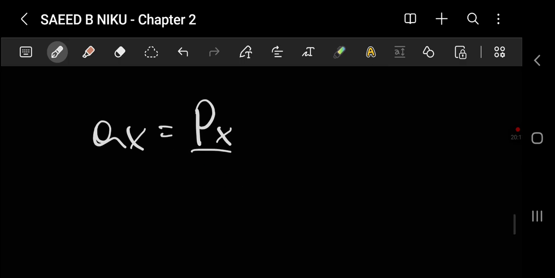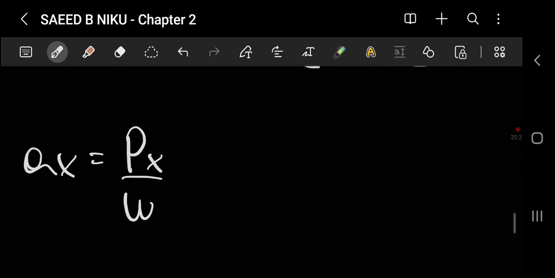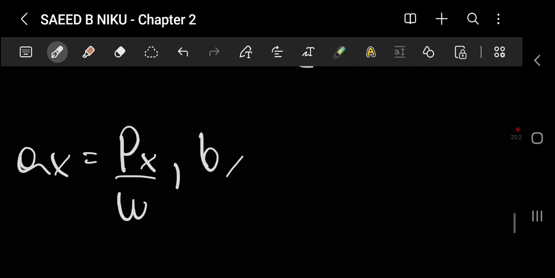So we can get Ax back by dividing Bx by the scale factor W, and so on and so forth.